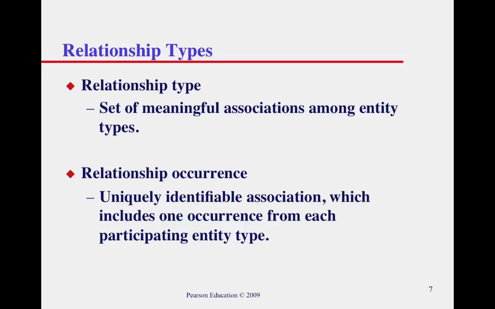Okay, so a relationship type is a set of meaningful associations among your entity types. And you typically will have one occurrence of each entity in the relationship. So, for example, staff member S3 belongs to branch 5.